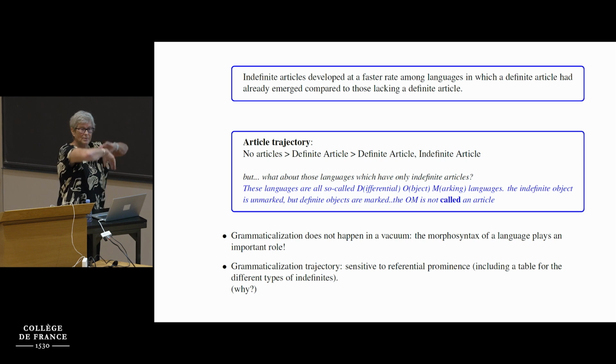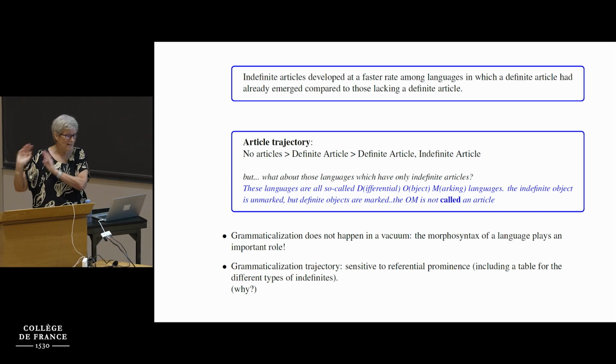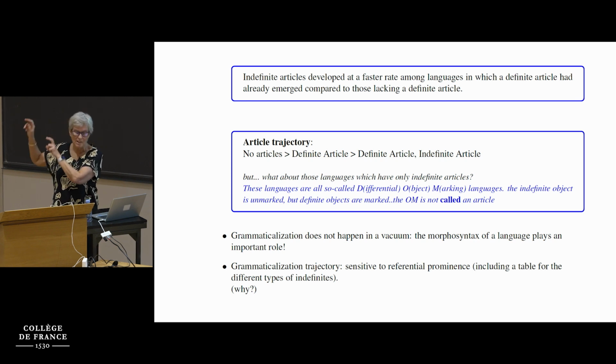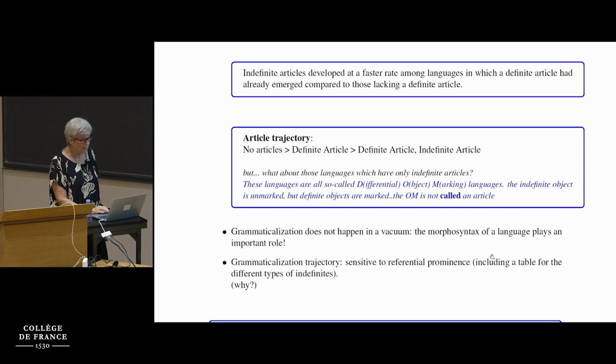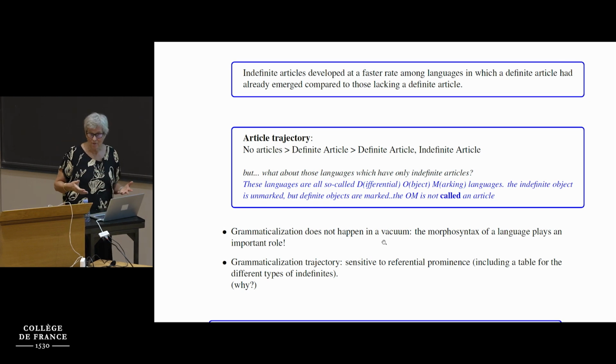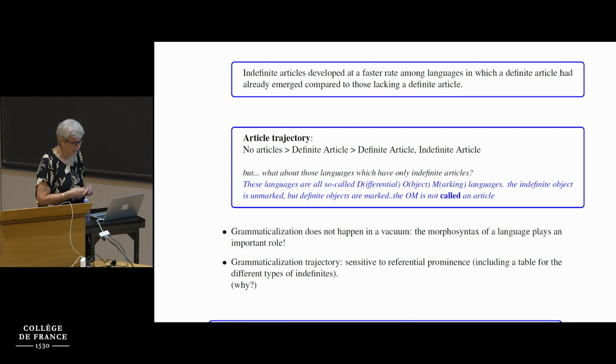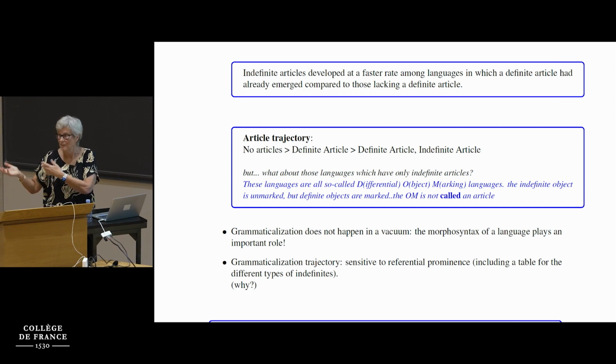So you go from no articles, bare nouns, to a definite article, to both definite article and indefinite article. Okay, and then what you show is the grammaticalization of how you develop a definite article. Well, it's the morphosyntax of the language that helps you decide which one is going to be, and that's an interesting linguistic question, but it plays an important role, right? So having one article, having a DP, helps you get an indefinite article.